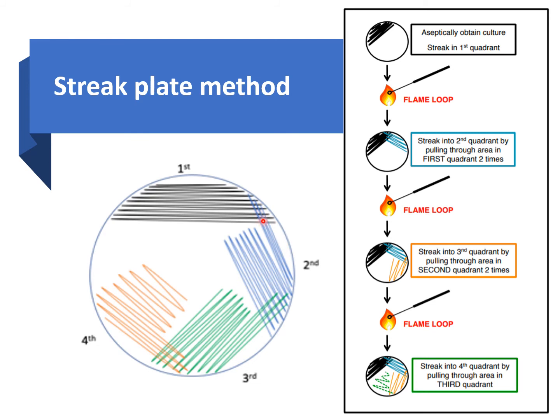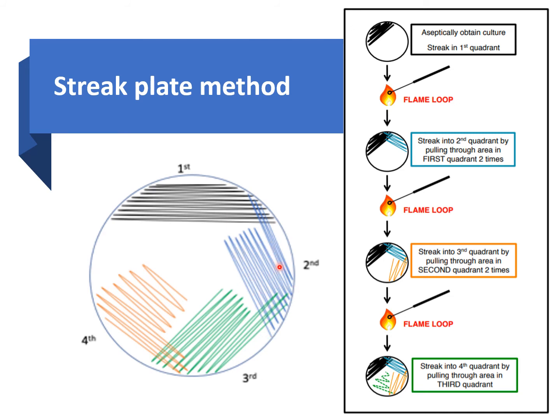It's like you're grabbing some of the bacteria that you just deposited right here and dragging it down. Then you can go back into the first quadrant a couple of times, and that's it. Then stop going into the first quadrant, and keep streaking back and forth into that second quadrant.